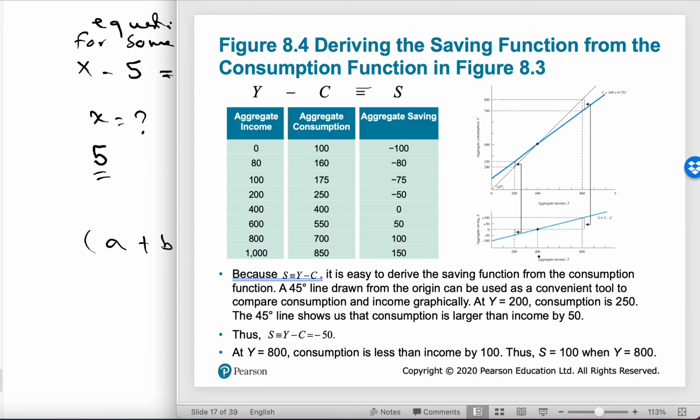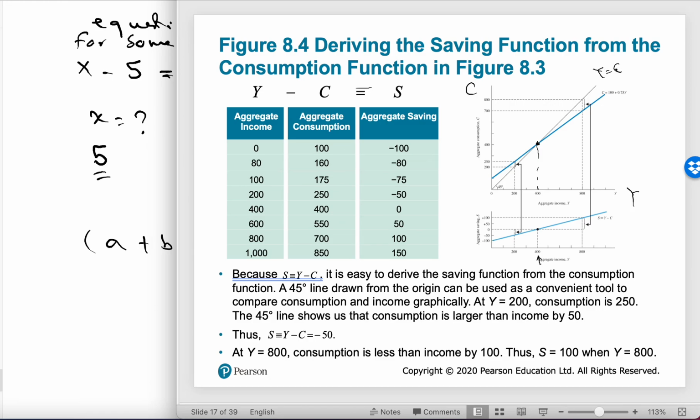At a certain level of income, this 45-degree line is showing, if I put the Y here and consumption here, that Y is equal to C. Okay?